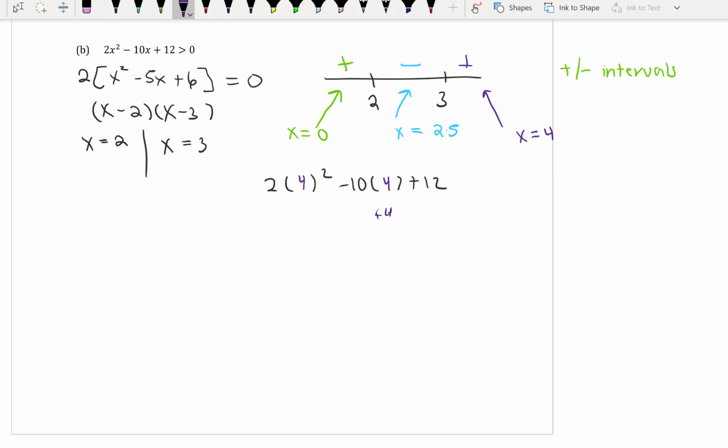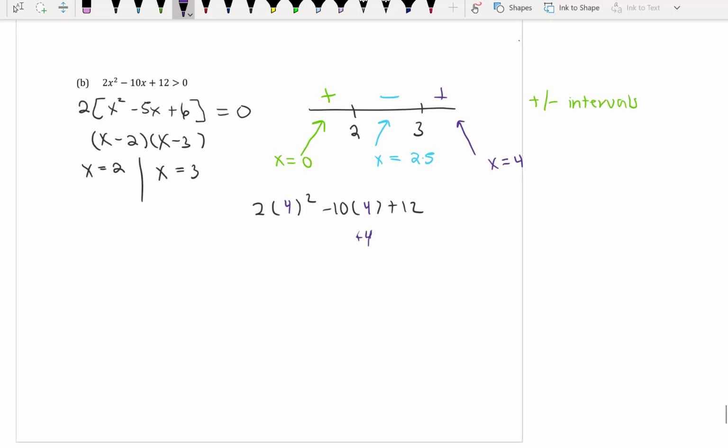So that's going to be positive. Since it's specifically saying that I want it to be greater than 0, that means you want positive.